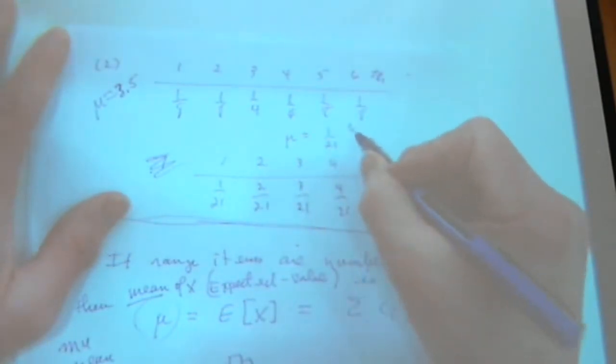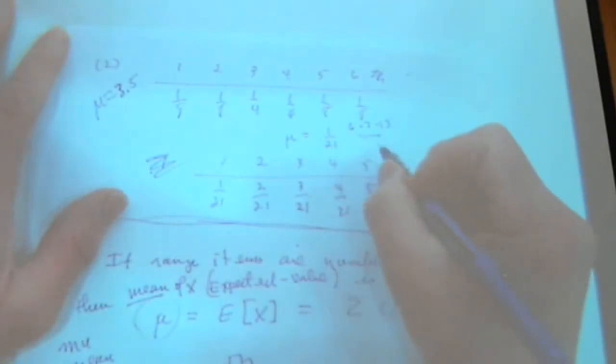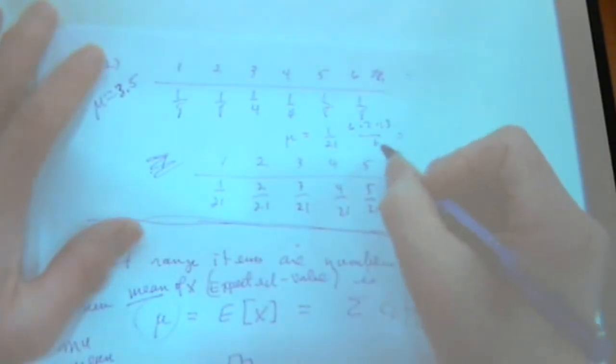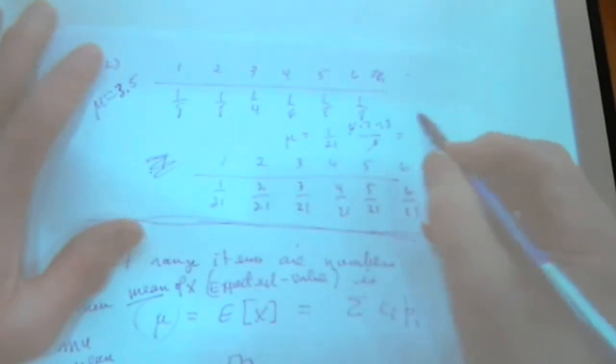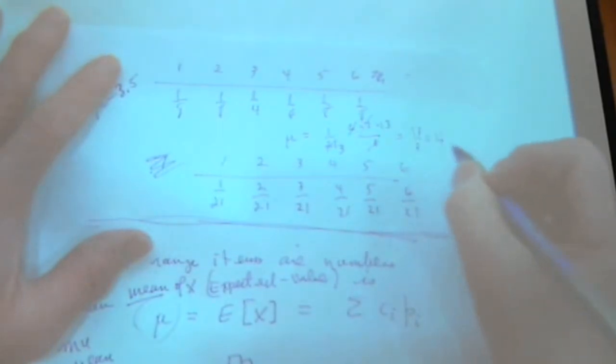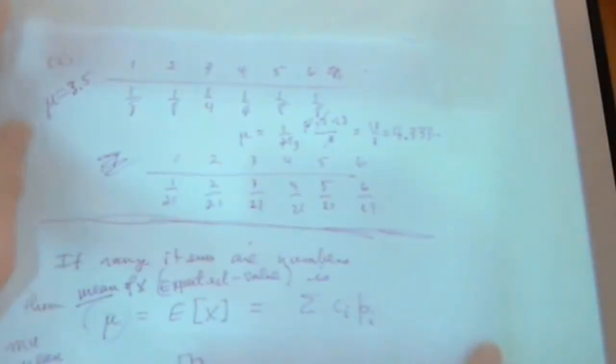So it's going to be 13 thirds, right? 2 1/3. If you don't know this number, you can just do it. Well, that's good exercise.